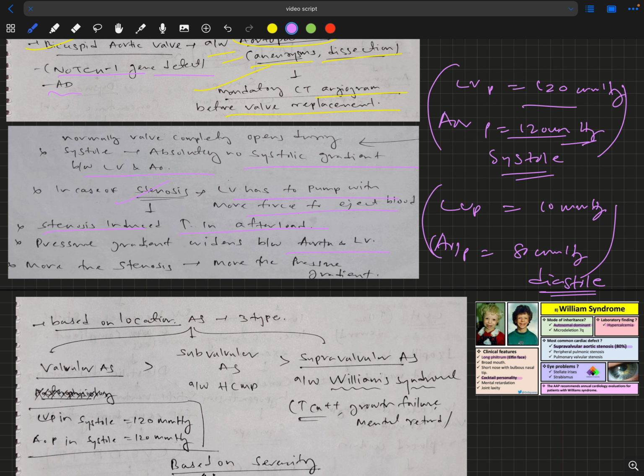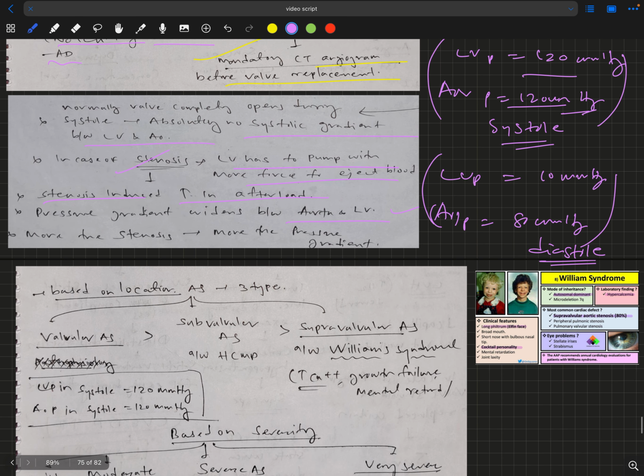Aorta pressure is the same, but left ventricular pressure rises because the left ventricle has to pump the blood through this narrow opening. The more the stenosis, the more the pressure gradient, so this pressure gradient is a marker of severity of stenosis.